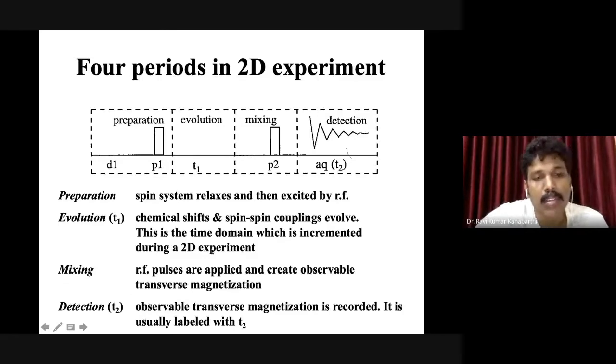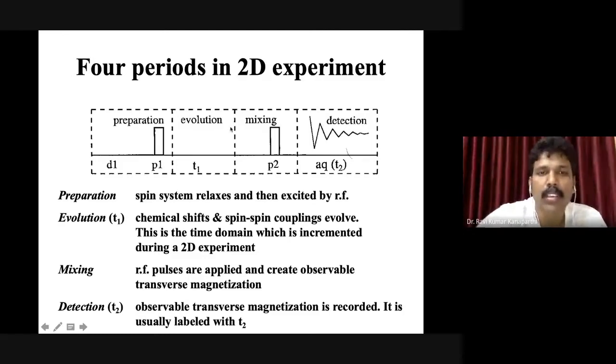Then there is another process called mixing. The second RF pulse is applied to create the observable transverse magnetization. The final step is the detection. So there are four steps broadly involved in two-dimensional NMR spectroscopy: preparation, evolution, mixing, and detection.